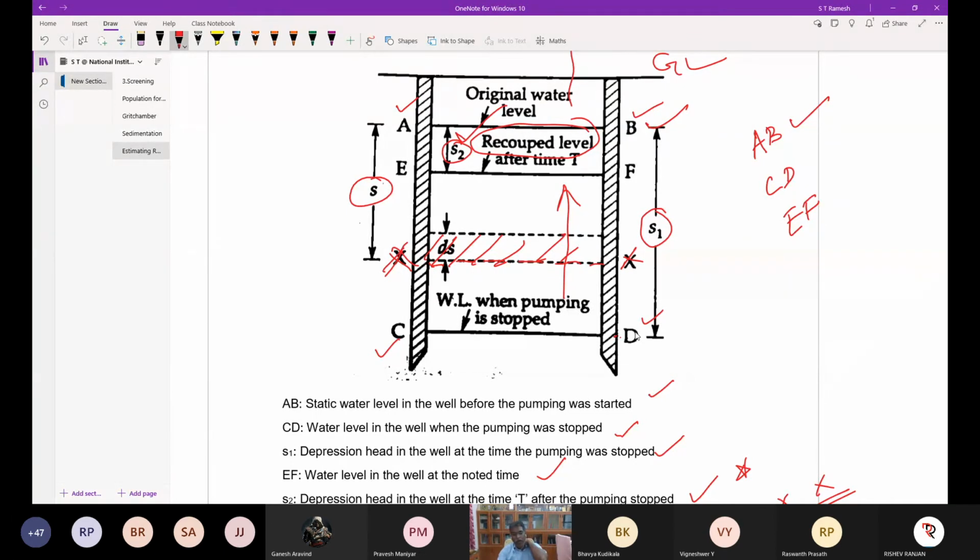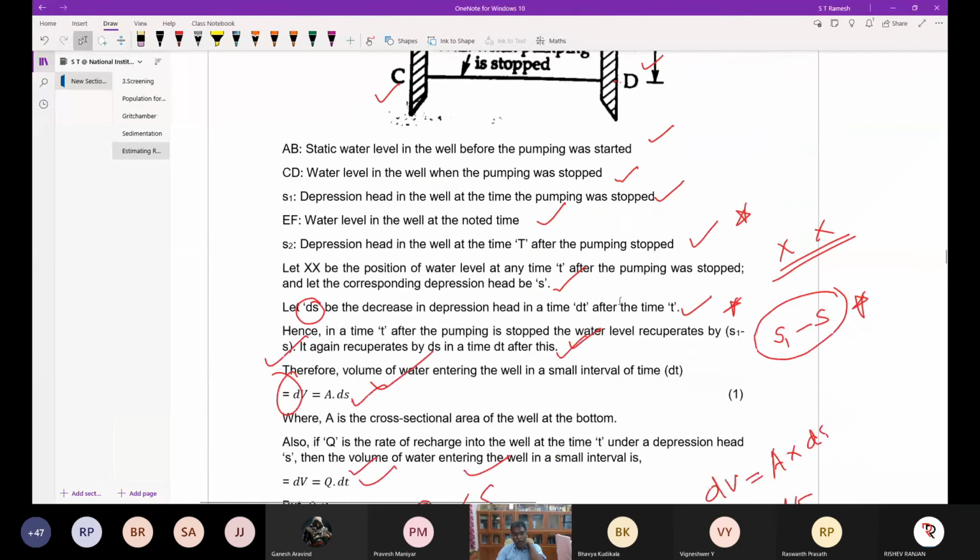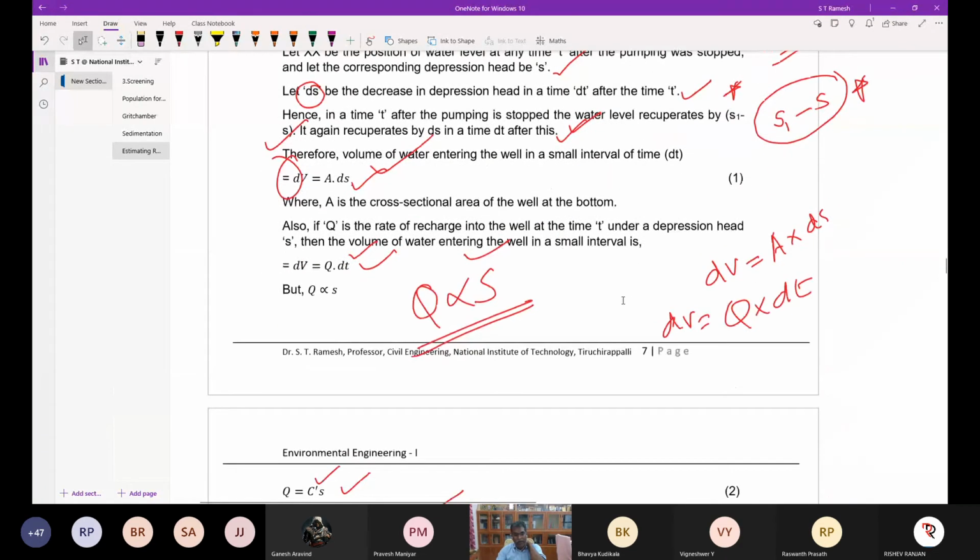I may not solve with the whole aquifer inside the system. What I do is consider a small portion and proceed with simple calculations. Find out the volume of water entering into the well.